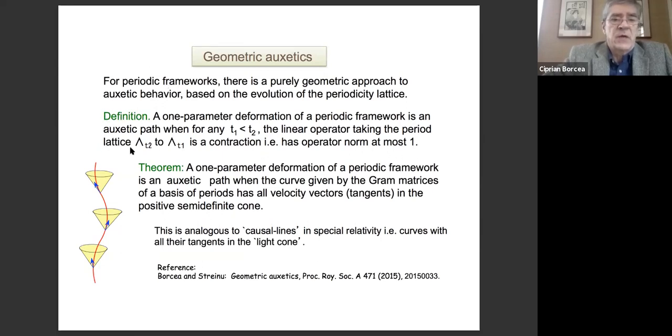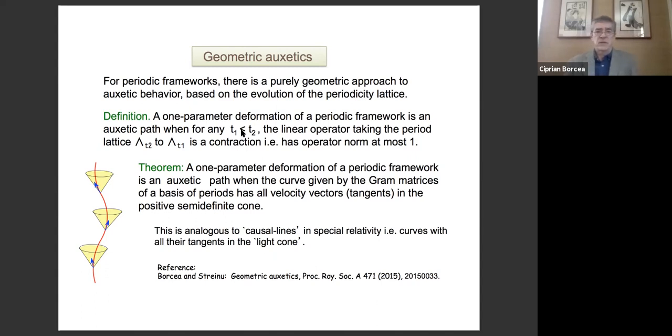And let's see, one definition is that the term auxetic applies not to the framework itself, but to a one parameter deformation. So when we deform with a parameter t, then at every moment we have a basis of the plane. I will discuss in 2 dimensions.